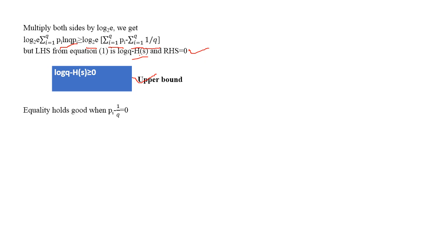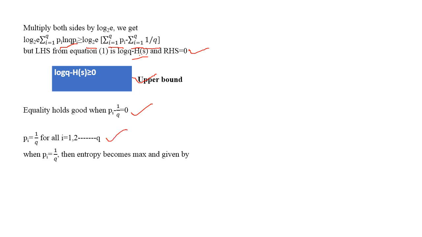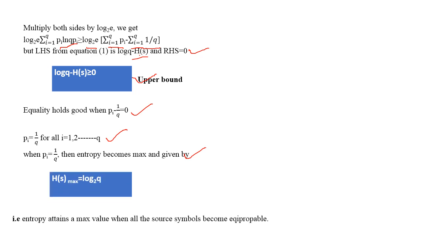Equality holds when Pi minus 1 by Q equals 0. So this is the condition where Pi is equal to 1 by Q for all values of i = 1, 2, 3 up till Q, where Q is the number of symbols. So when Pi is equal to 1 by Q, the entropy becomes maximum, and it is given by H of S max equal to log 2 Q.